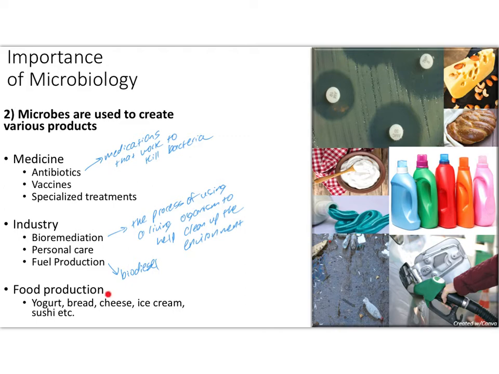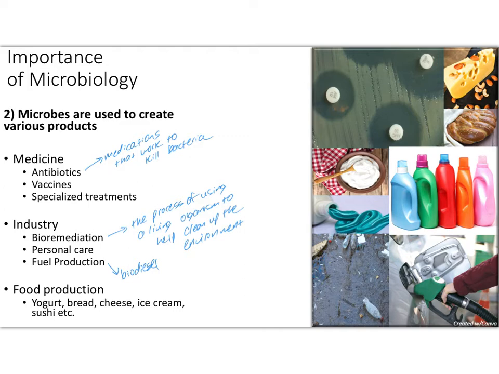Moving on to food production. So many foods that we consume are created with microbes in some way or another. Some examples are yogurt, bread, cheese, ice cream, sushi, chocolate and coffee, and sauerkraut and kimchi. All of those foods, plus many, many more, are created using microbes.